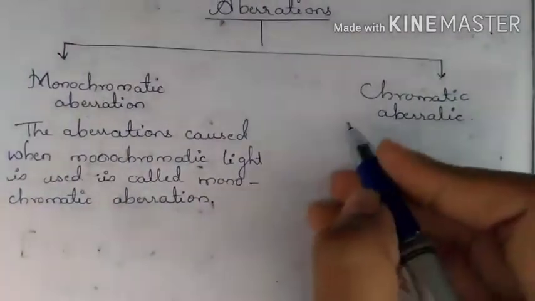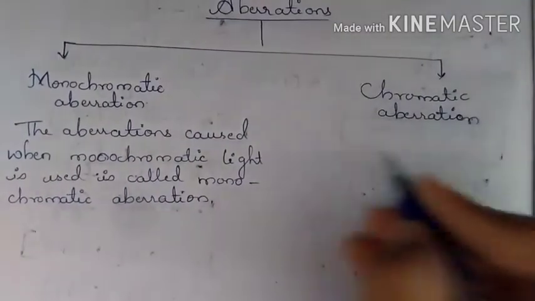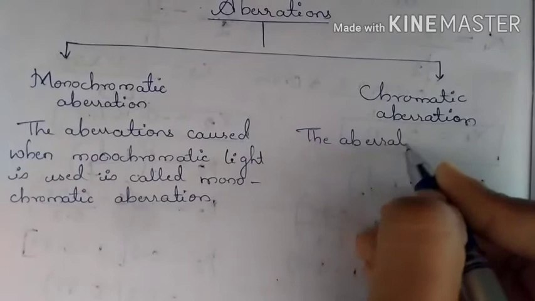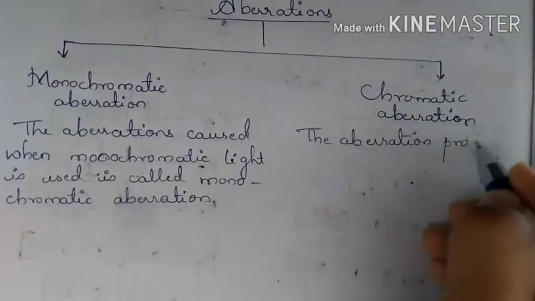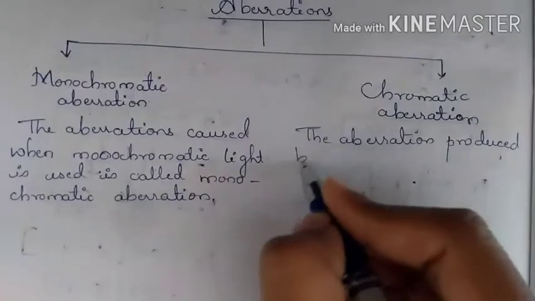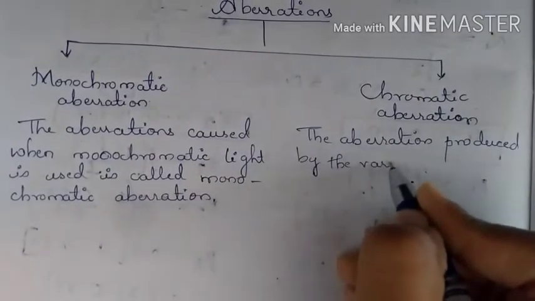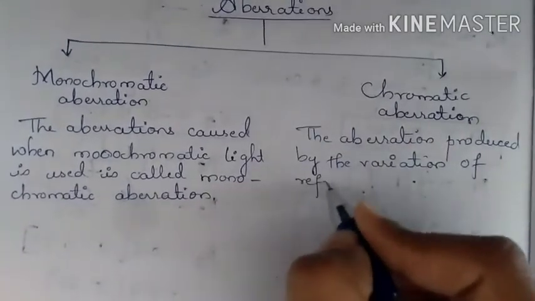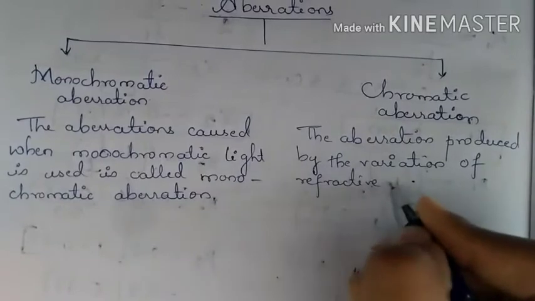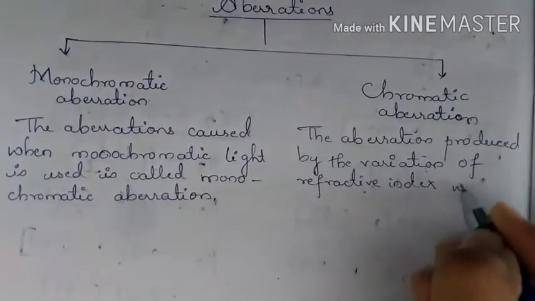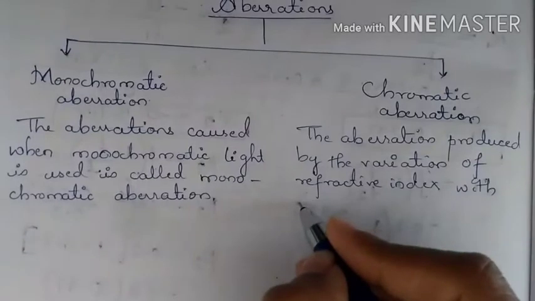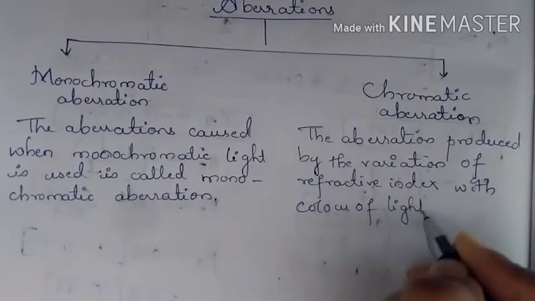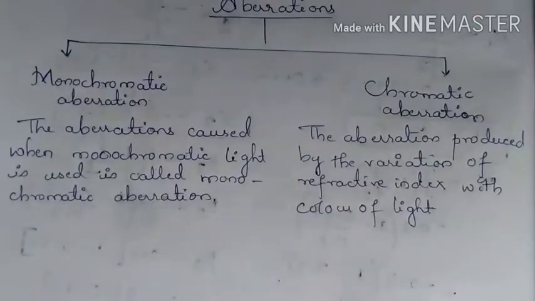Chromatic aberration can be defined as the aberration produced by the variation of refractive index with the color of light.